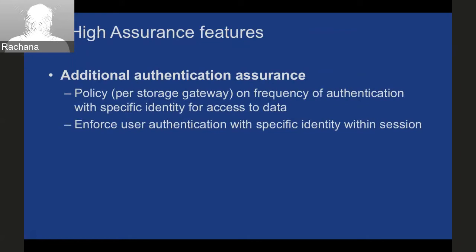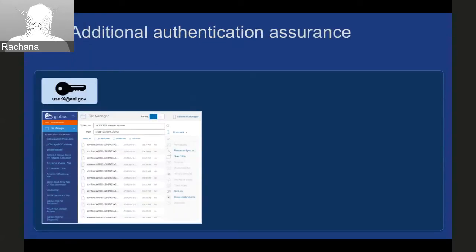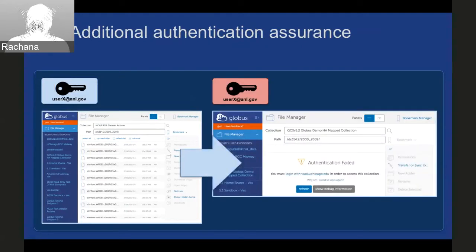So let's unpack this a little bit. So let's say the user has logged into the Globus web app using their Argonne identity in this example, and they're accessing a collection. Now, when they access a high assurance collection, it's going to throw an error saying this high assurance collection has a very specific identity that you need to have authenticated within a particular time frame here, right?